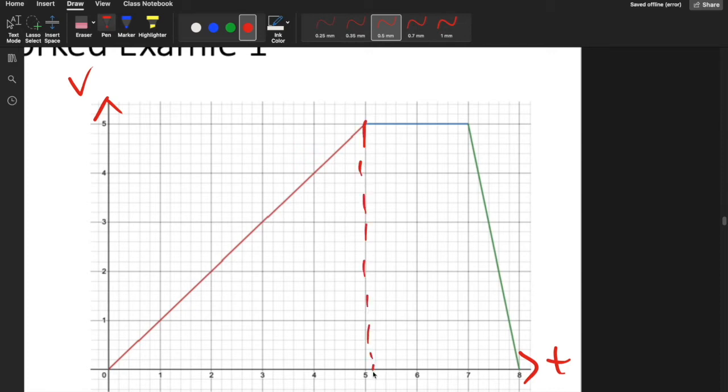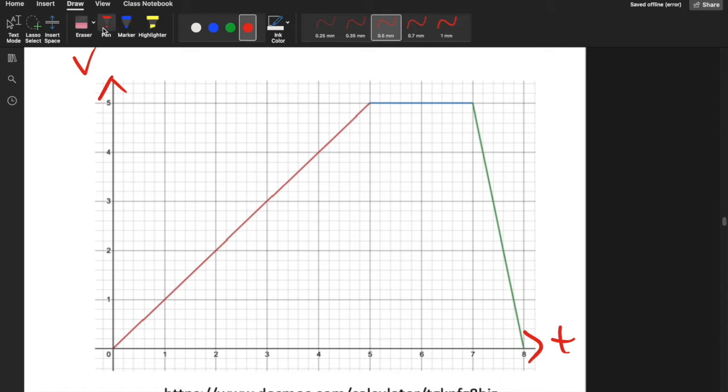So this shape is a trapezoid, so I will just calculate this by using the formula. Here is 8, and here is 8 minus 5 is 3, and here is 5, right?